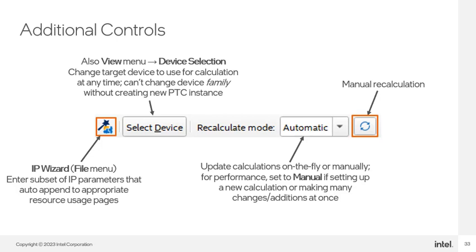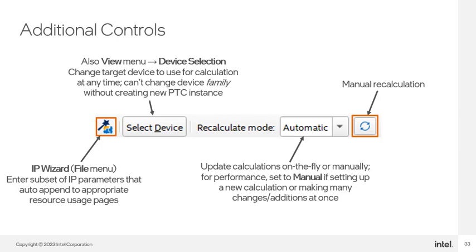Power usage for an IP added through the wizard is visible on the IP Power Summary tab of the Hierarchy Manager, discussed in a moment. The Select Device option allows you to change the targeted device for the calculator at any time. This is also accessible from the main page and the device selection window, which you can open from the View menu.